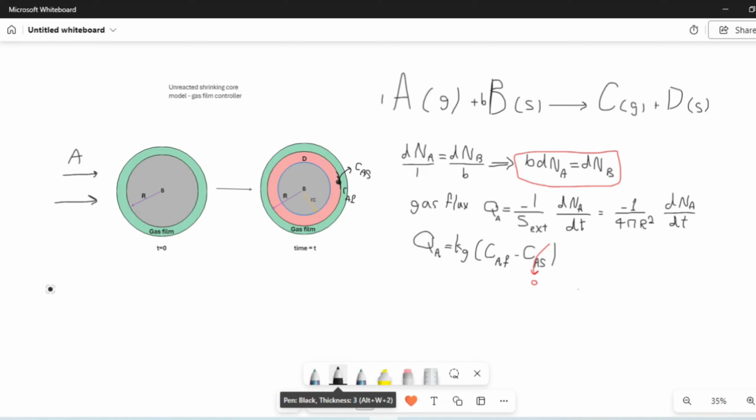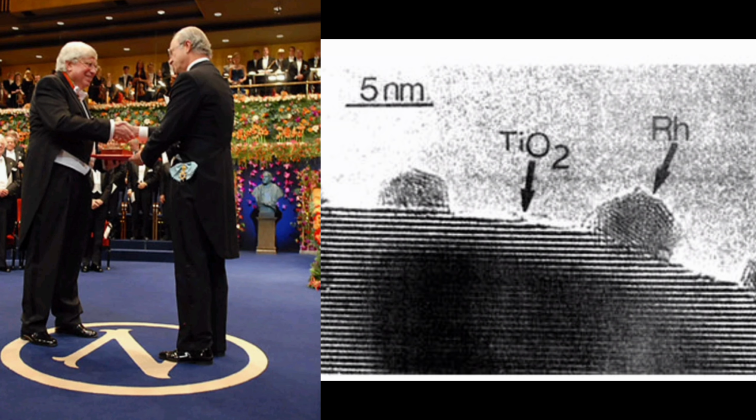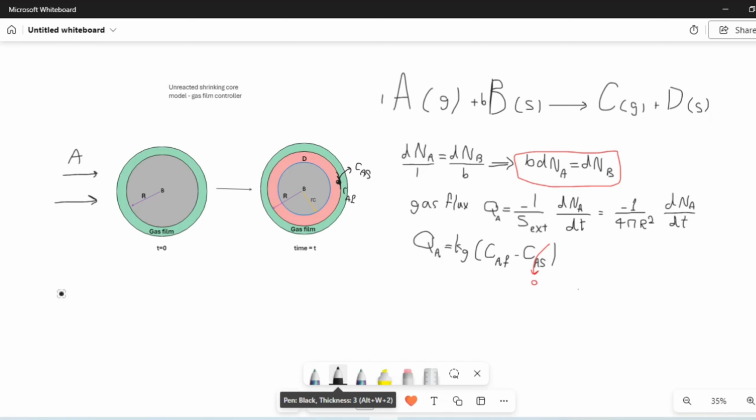If I were to give you an idea of how challenging it is, I would say that in 2007, Professor Ertl at the Max Planck Institute won the Nobel Prize in Chemistry for using experimental techniques at nanoscale to determine the surface concentration for processes like Haber and automotive catalytic reactions.